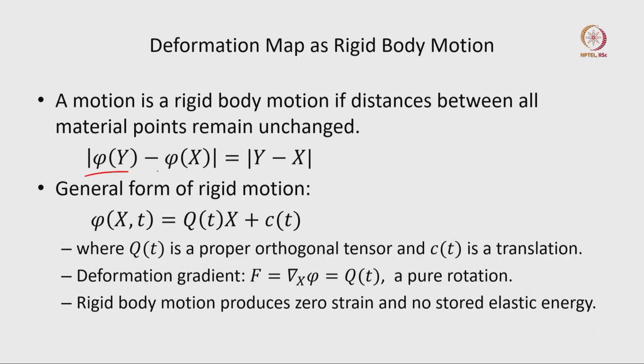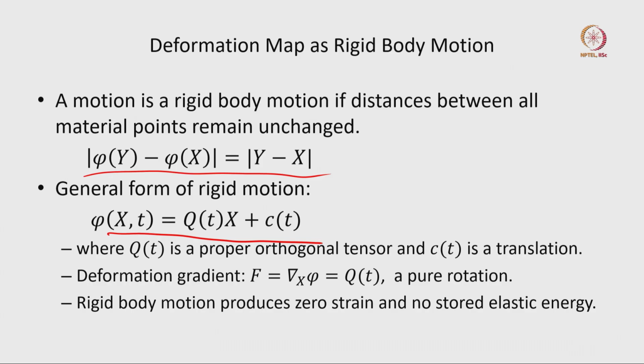This is the definition, the distance remains unchanged, so no straining really. So, how do I express this rigid body motion? Recall that this phi, the deformation map in that case, will be written as Q(t) times X plus c(t), where Q is a proper orthogonal matrix which denotes rotation.